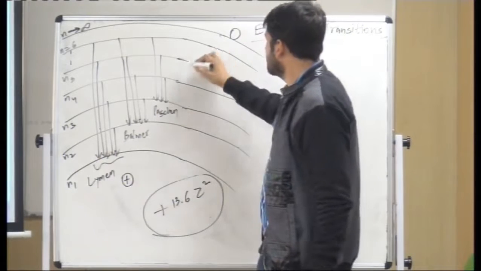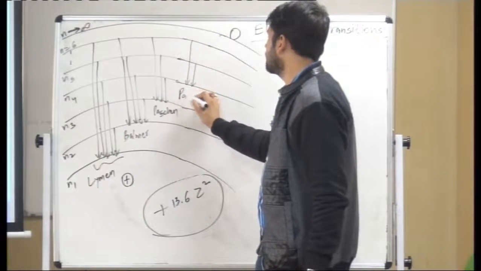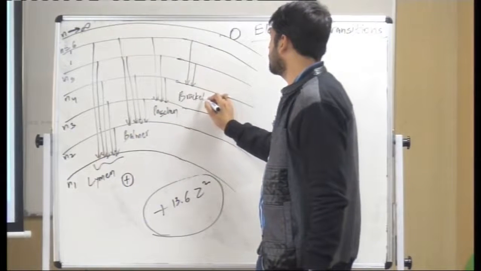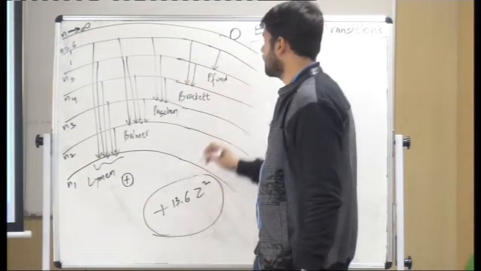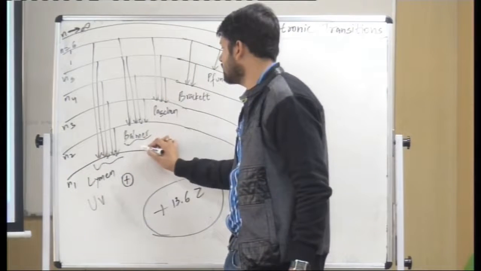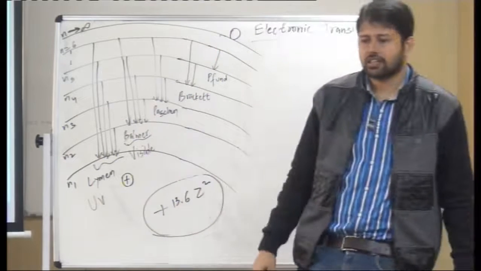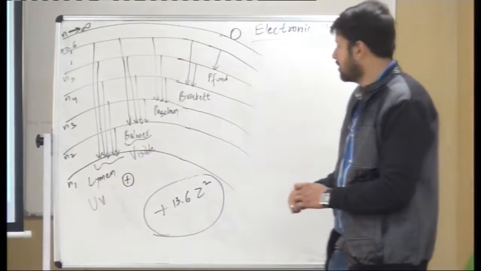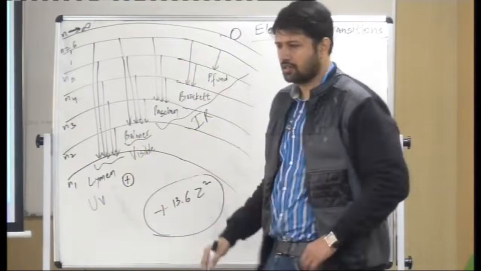For this transition we call it Brackett, and for this transition it is Pfund. So this is UV, this Balmer is visible. All the transitions in the Balmer series produce visible photons, while all these produce infrared photons, right?